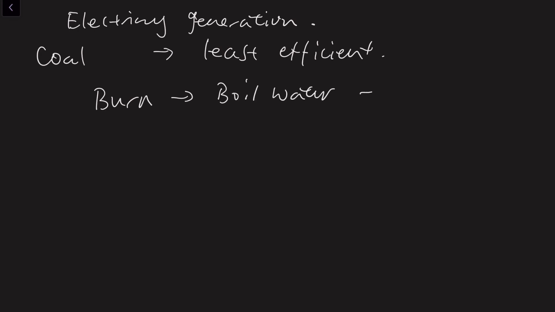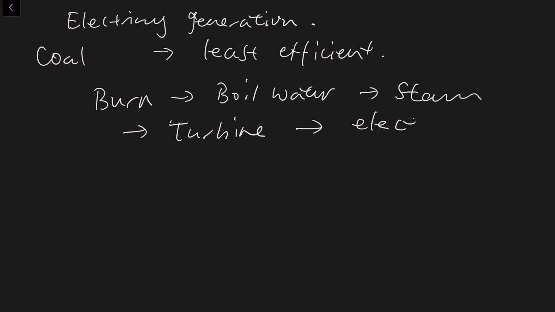And then the steam from the water drives the turbine. And then the turbine produces the electricity. So lots of steps in between. And at each step, you lose energy. And because of this complicated process, you have energy loss. Hence, it is least efficient.